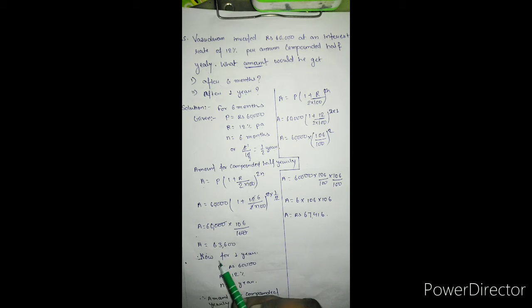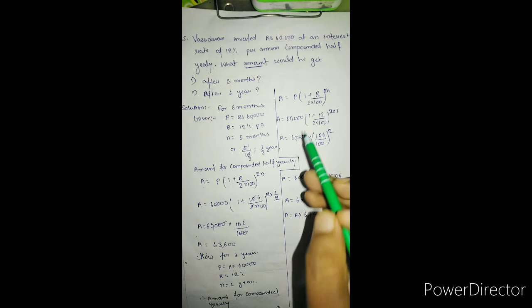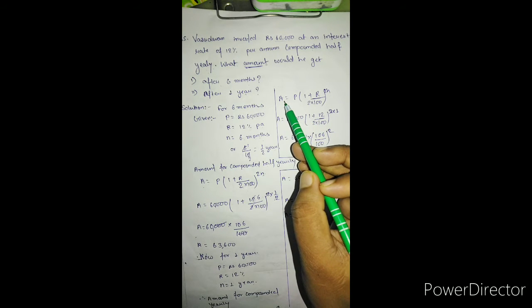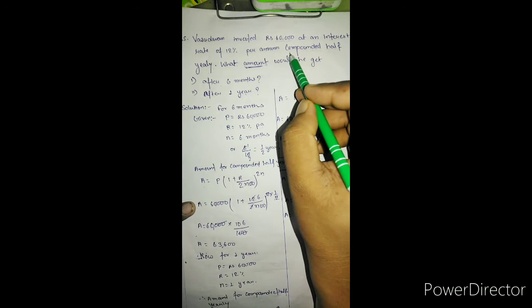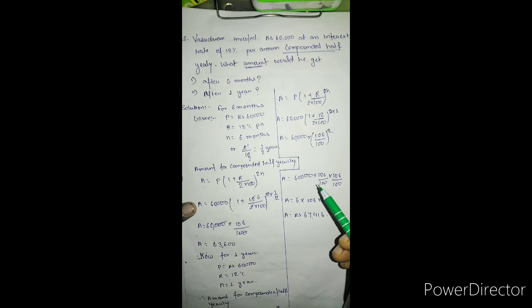Now for the 1 year, P is same, that is 60,000, R is same, that is 12%, and n is here 1 year. So the amount for compounded half yearly, because the question is asking the amount for compounded half yearly.